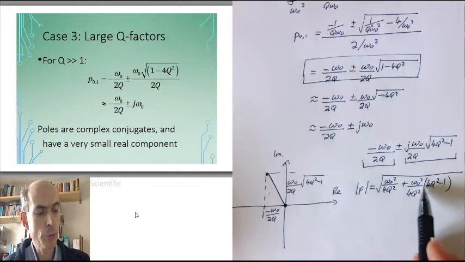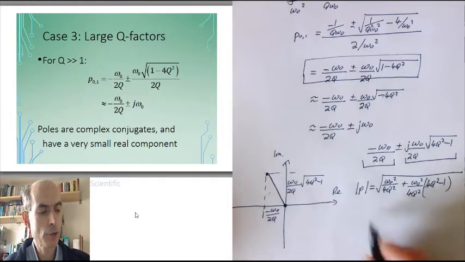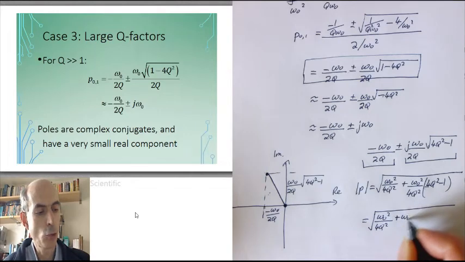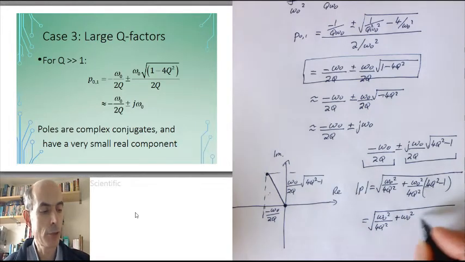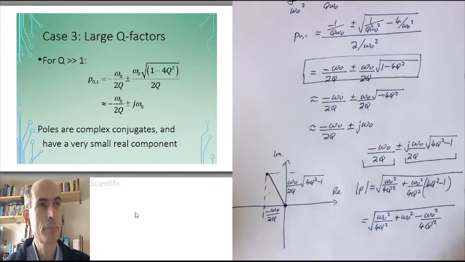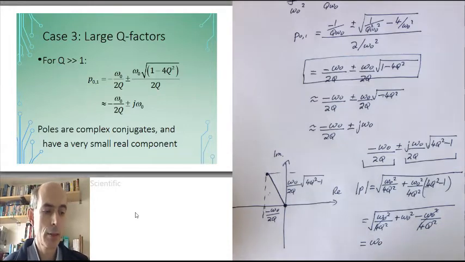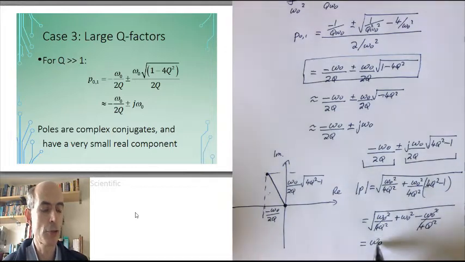Well, if I multiply out this bracket here, I'm going to get the square root of omega naught squared over 4q squared here, plus omega naught squared minus omega naught squared over 4q squared. That term is going to cancel out with that term. This is just going to be the square root of omega naught squared. In other words, it's just omega naught, the resonant frequency. The magnitude of the poles is just the resonant frequency.